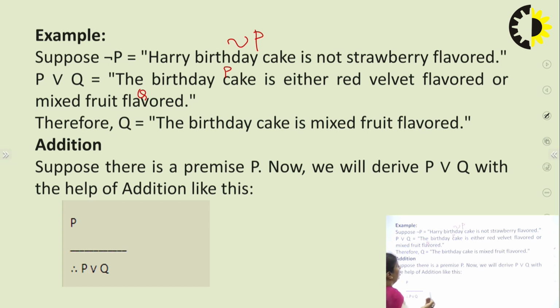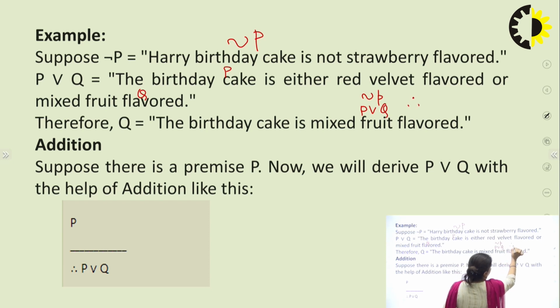So if I see what I am doing, I have a premise not P, I have a premise P or Q. Therefore, I am concluding Q over here. So this is my disjunctive syllogism, the other rule.